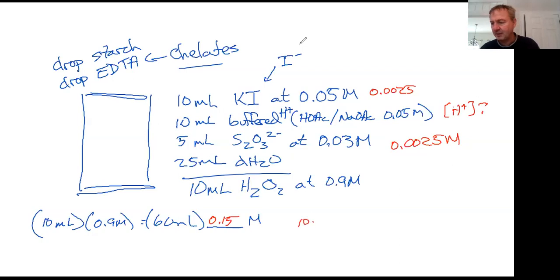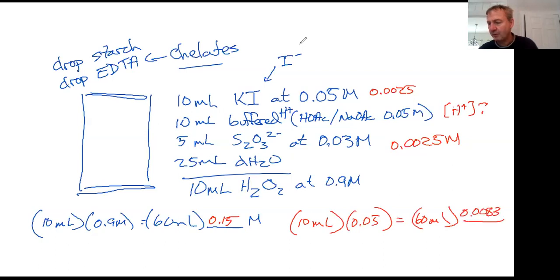Let's see, 10 mils at 0.05 molar is 60 mils at, and I think it's 0.0083 molar.